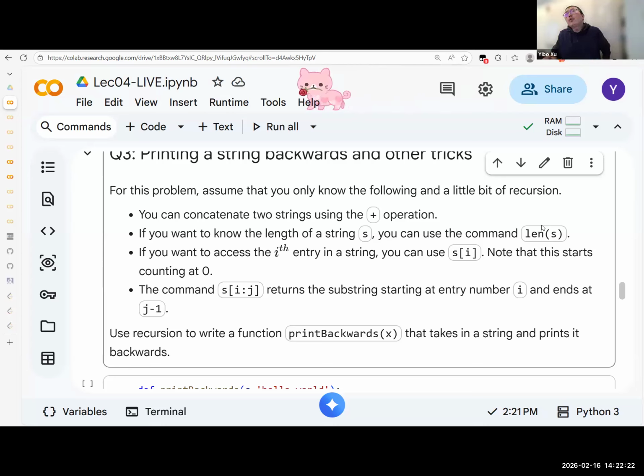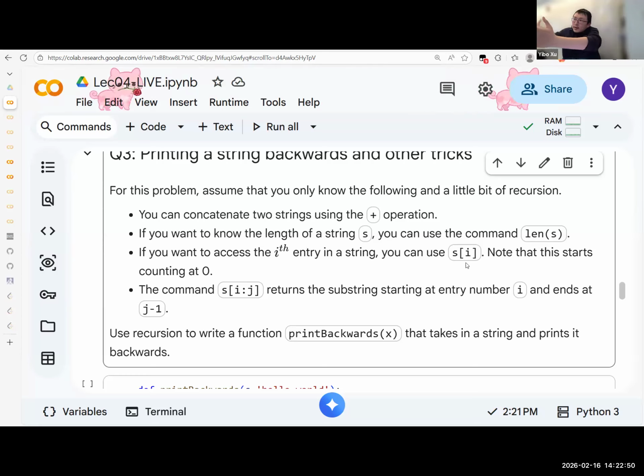It can also tell you the number of elements within a list, so this is a very helpful function. And if you want to access the ith element, it's going to be s[i], in square brackets. Basically, if you want to get the string backwards, you would systematically say, I put the last element up front, and for the remainder, I do recursion.